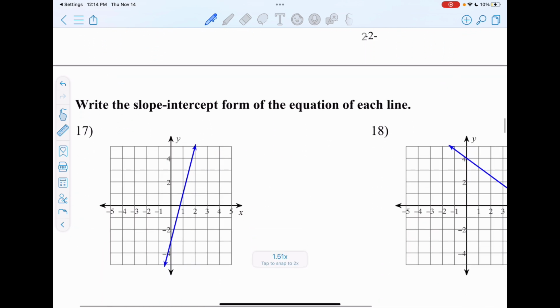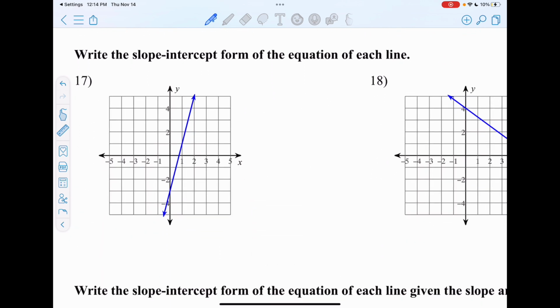Now they want you to write the slope-intercept form of the equation of the line. Remember, slope-intercept form is y equals mx plus b, where m is the slope and b is the y-intercept. So in 17, it looks like my y-intercept is -3. So I'm going to make a note that my b value is -3. And now I need to figure out my slope by finding 2 points that cross at perfect corners. So I'm going to use my y-intercept because that crossed at a perfect corner.